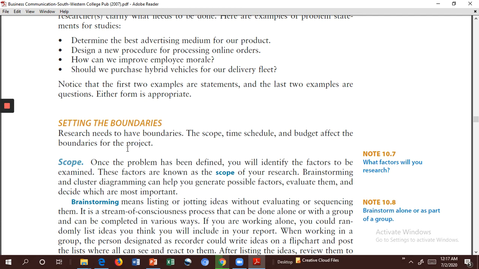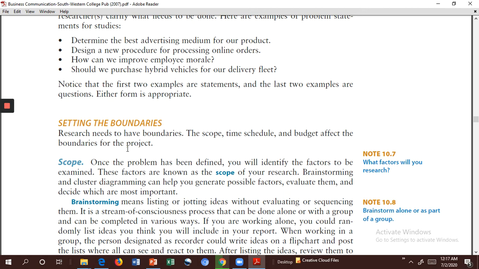So you would limit your scope, and you may consider surveying one or two big cities, or maybe two or three, because you have limited budget, right? So you may be limiting the scope of your research.